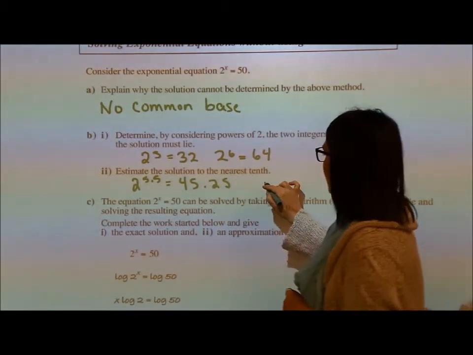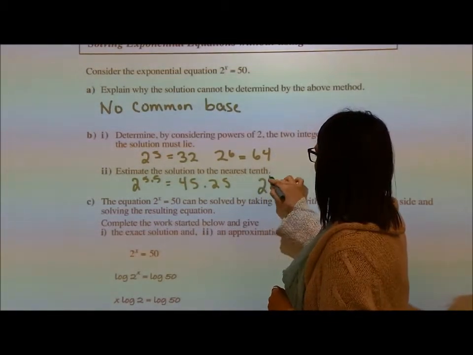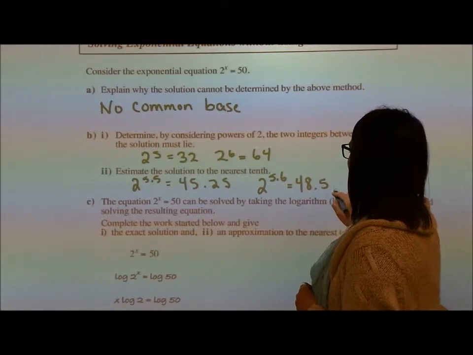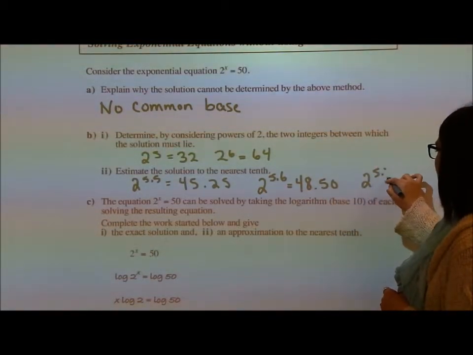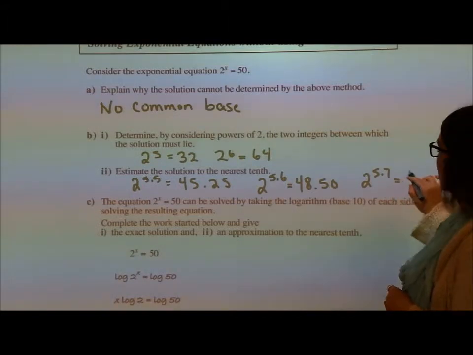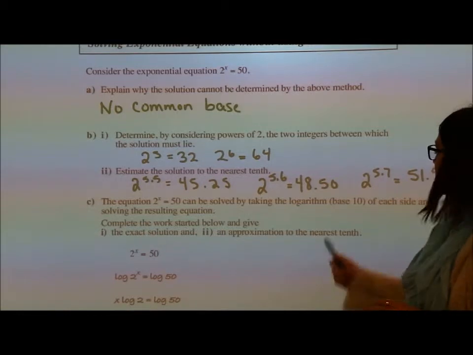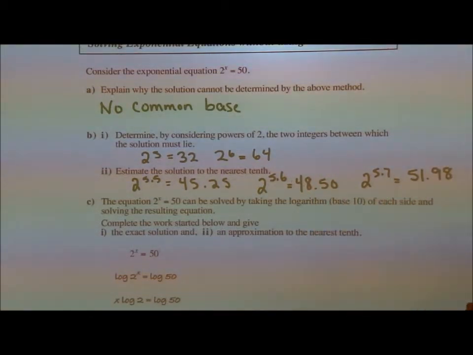Then I did 2 to the power of 5.6, and I got 48.50. Then I did 2 to the power of 5.7, and I got 51.98. So between these two numbers, which one's closer to 50, the 48.5 or the 51.98?